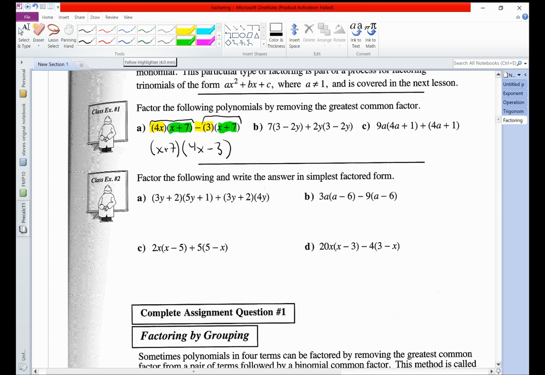You can see both terms contain the binomial 3 minus 2y. So I can remove that as the greatest common factor, 3 minus 2y, and what I'm left with in the original expression is 7 plus 2y.